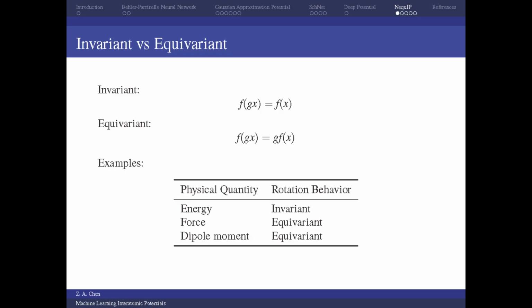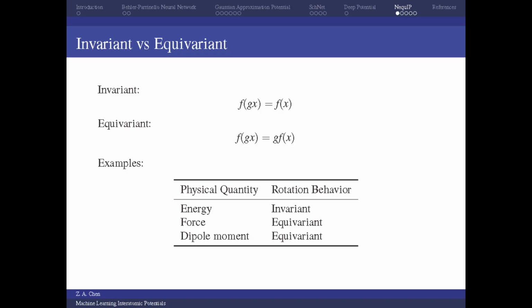Before discussing the model, we should first distinguish invariance and equivariance. Invariant means the output does not change after transformation, and equivariant means the output transforms in the same way.